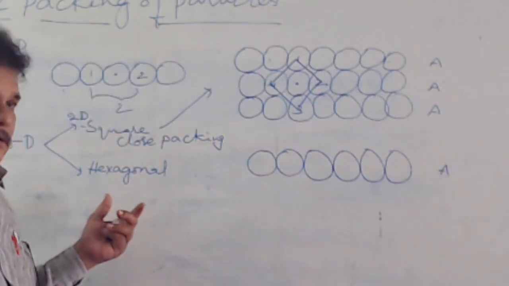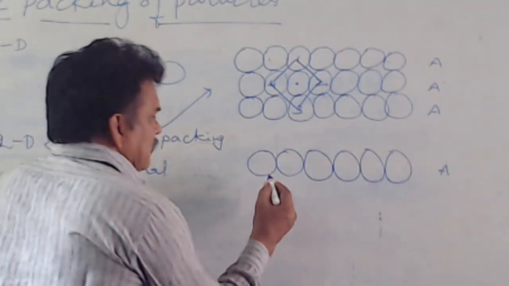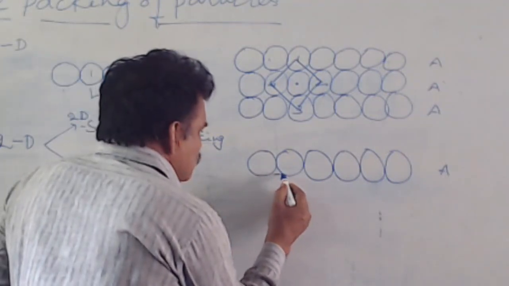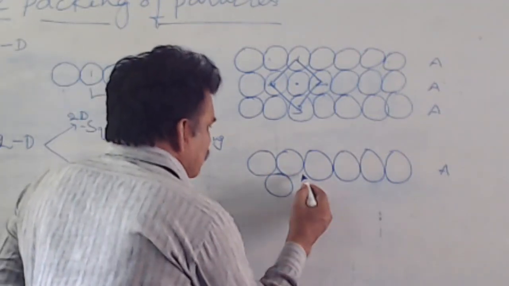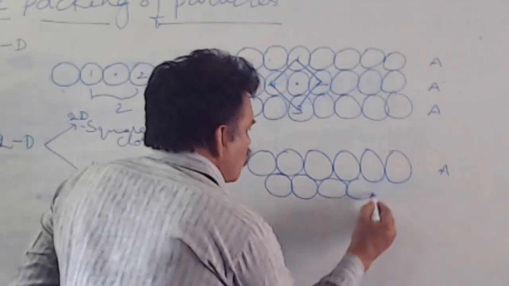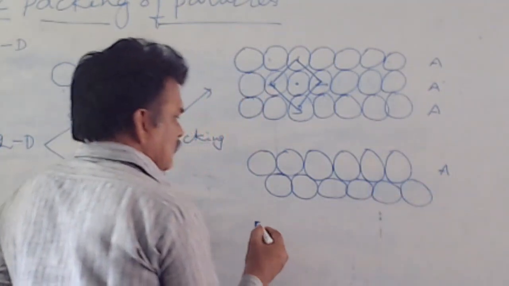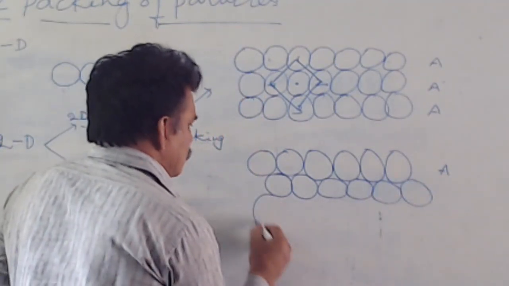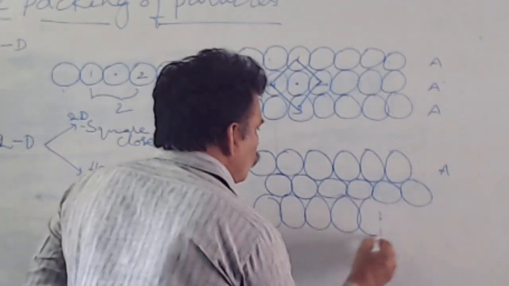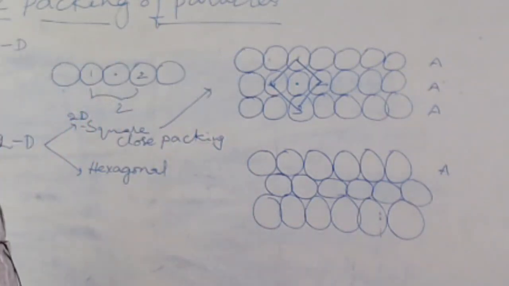If another row comes in close contact in such a way that the dips of the first line are occupied by the spheres of the second layer like this, then this type of two-dimensional close packing is called hexagonal close packing.